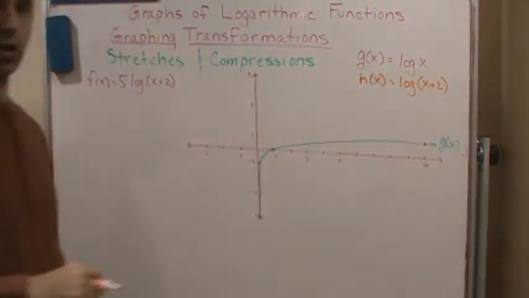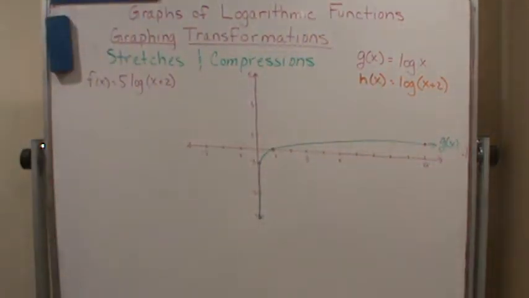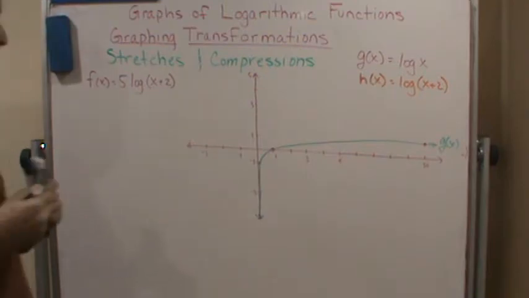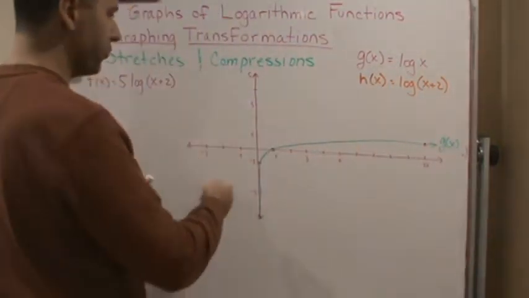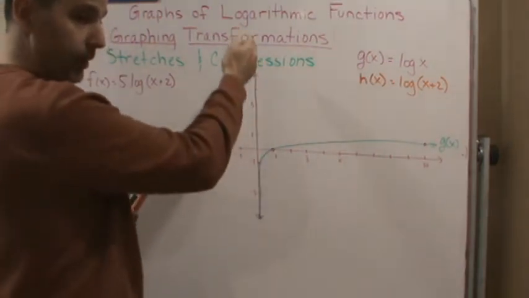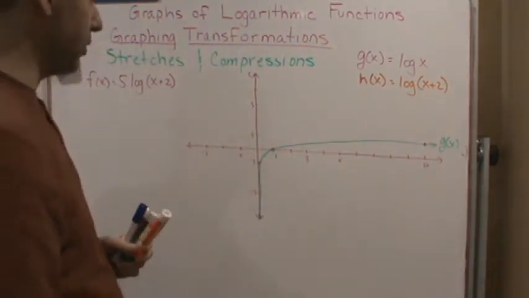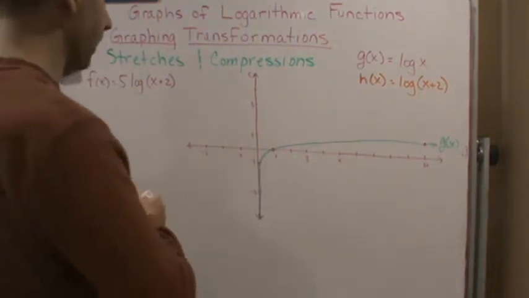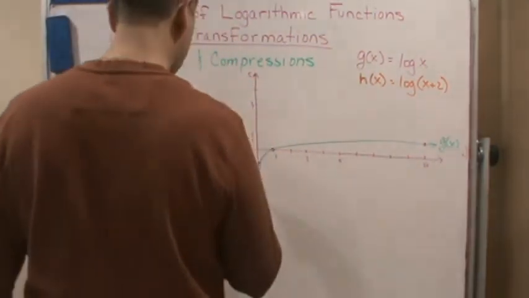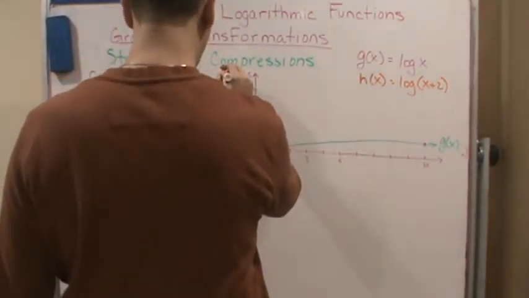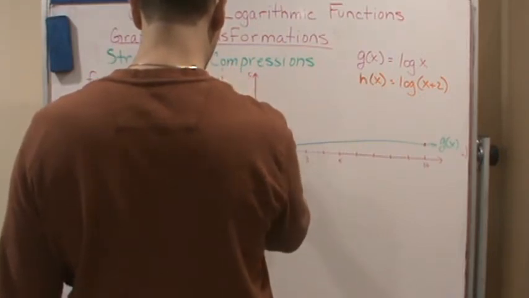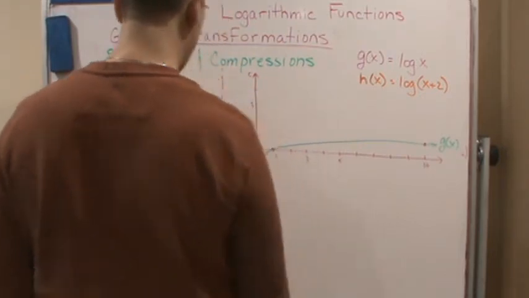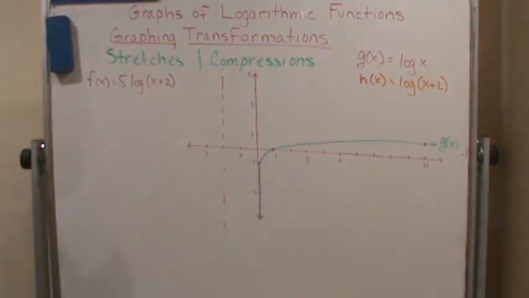So it's going to be a shift to the left 2 units, which means we're going to shift these points to the left. And also the vertical asymptote, which is at x equals 0, is going to be shifted to the left 2 units as well. So let's plot that. It's going to be at x equals -2. Okay, so there's our asymptote.